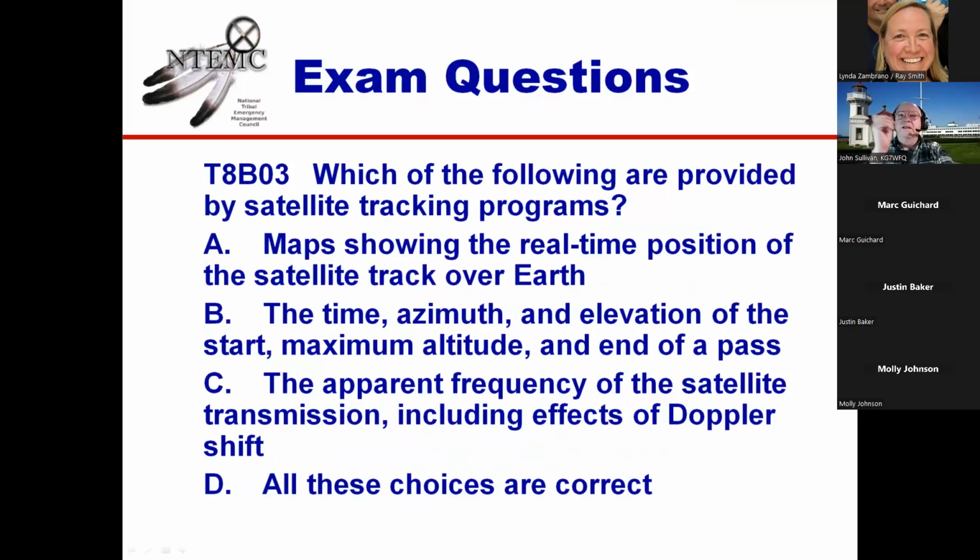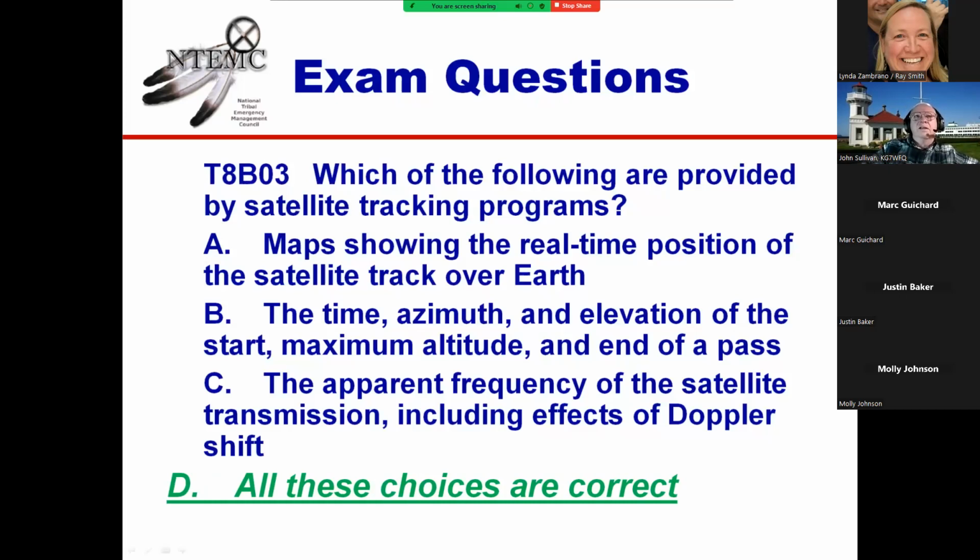So basically, the time and direction you need to point your antennas to track that satellite, that would be important. So that's part of the software, and the apparent frequency of the satellite transmission, including the effects of Doppler. As I mentioned, software takes that all into account. The answer is all of these choices are correct. So your satellite tracking programs do all of that.